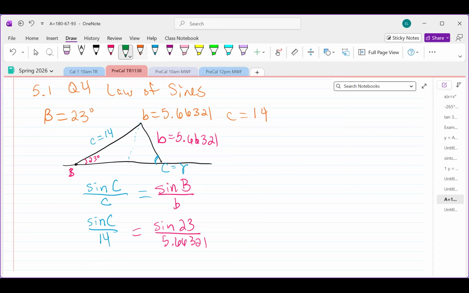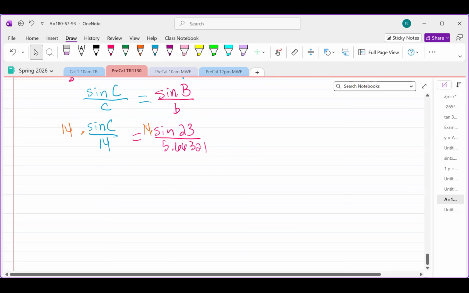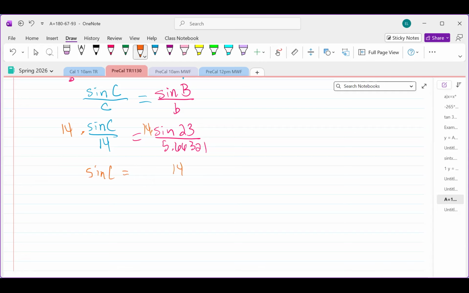Now when we go to solve this, I'm going to multiply by 14. So now I have the sine of C by itself equals, leave some space, 14 sine 23 over the annoying number. And now to get rid of sine, to undo that, I'm going to use my inverse sine.